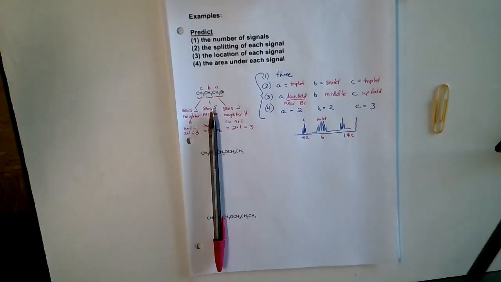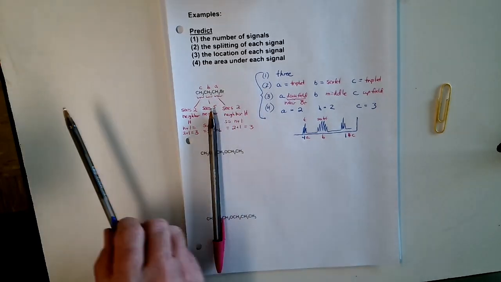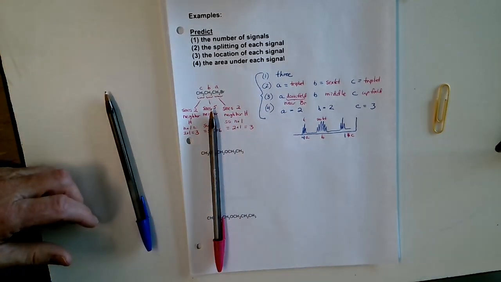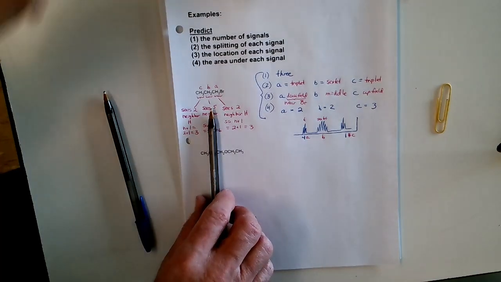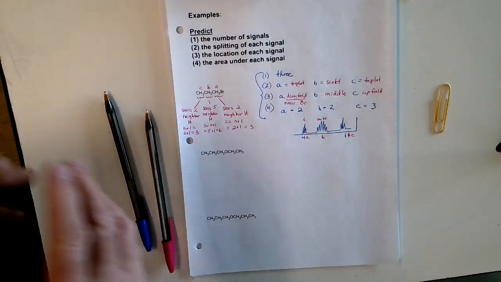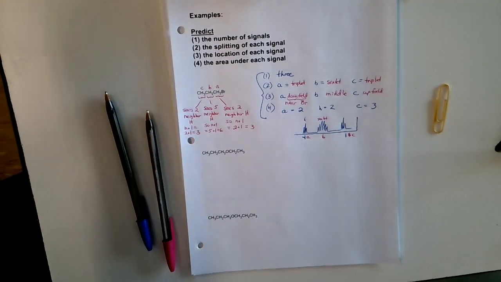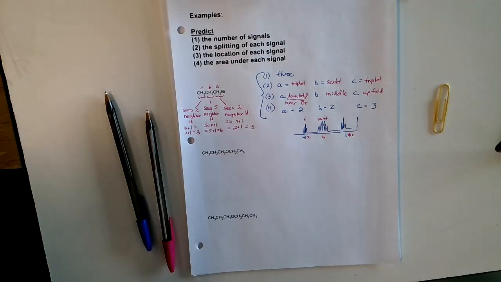If you see something totally different, it's like, well, I didn't guess my structure right, I better adjust. That's the way you would use it in real life. Okay, first comprehensive example, all 4 things rolled together, even sketched into a spectrum like this. What questions do you have so far? Is the area equal to the number of hydrogens on each carbon? It is. Mm-hmm.